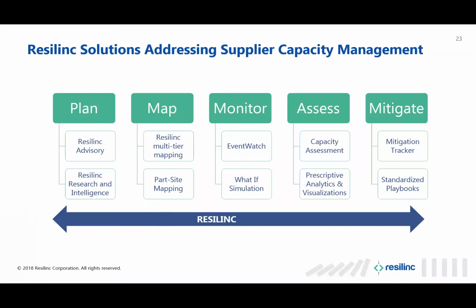Then monitoring 24/7, constantly understanding what events are happening, and simulating events in the system so that you're more proactive in risk management. Then assessing, with capacity assessment and prescriptive analytics, all the way up to mitigation, which the solution provides built in.